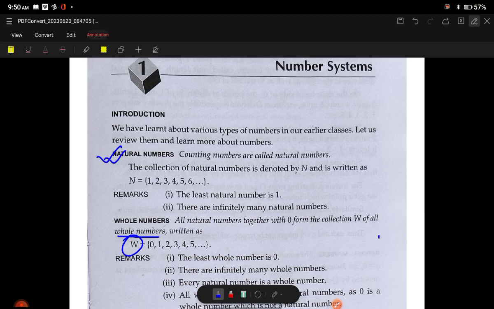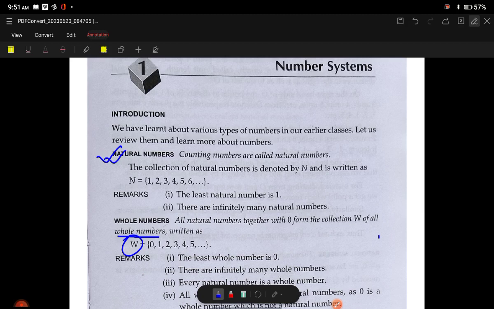Whole means not a fraction, a complete part. So 0 is considered a whole number, and the series 0, 1, 2, 3, 4, 5, 6 to infinity is known as the series of whole numbers. It is denoted by W.